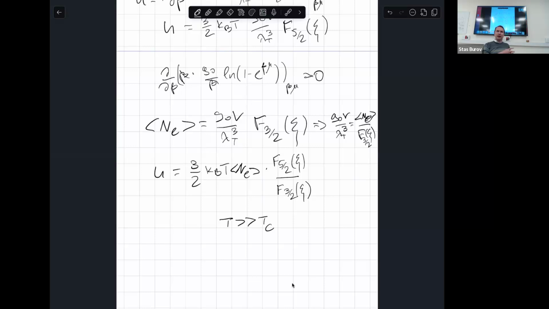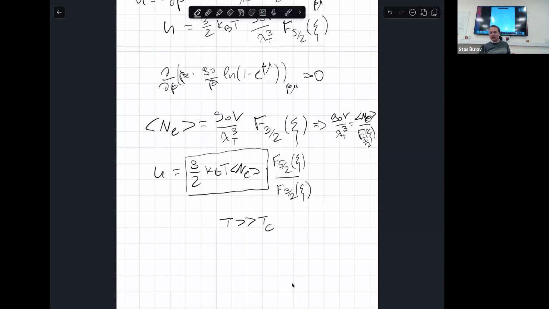Ideal gas. What applies to an ideal gas? 3/2 k Boltzmann T. Equipartition theorem, right? So for the ideal gas, the energy at very high temperatures is 3/2 K Boltzmann T. This is just the kinetic energy multiplied by the number of particles. What do we have over here? Look at this guy.